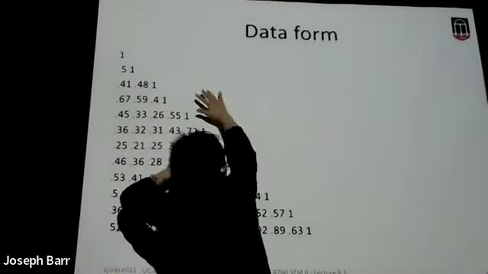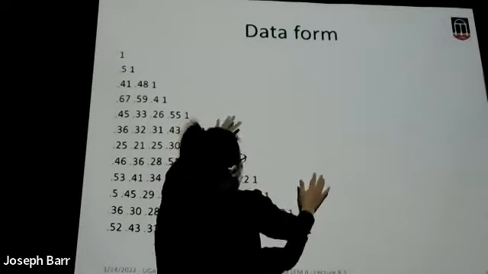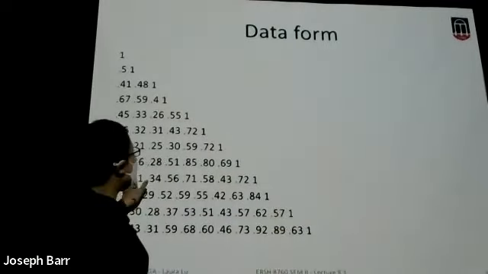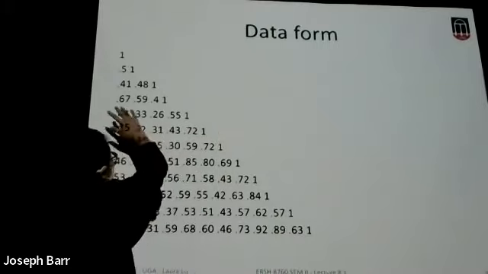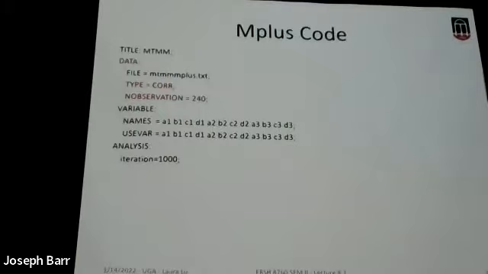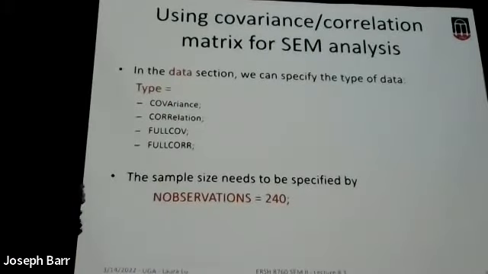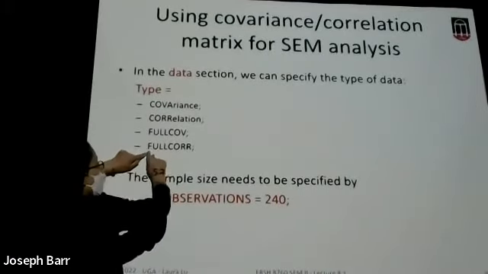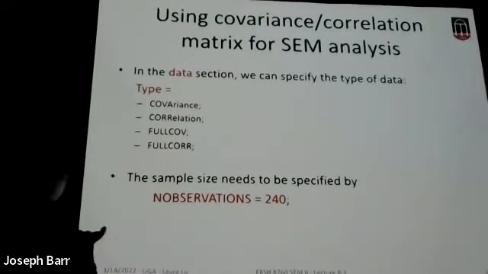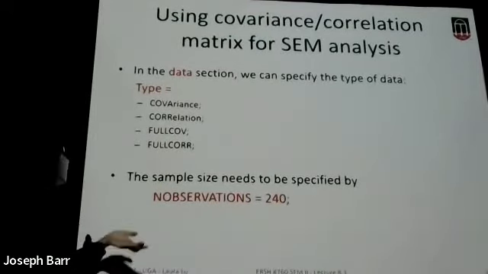You didn't include the upper half. If you also include the upper triangle, if you have the full matrix, then you're going to use the full correlation option. That is a full matrix, not just the half triangle, the lower triangle.